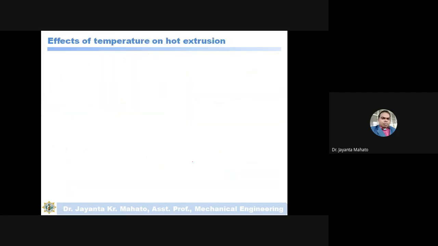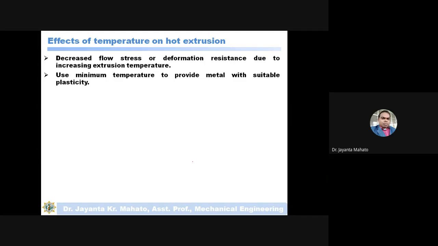Okay. Now the effect of temperature on hot extrusion. There is a decrease of flow stress or deformation resistance due to the increasing extrusion temperature. Means increasing the temperature, what will happen?